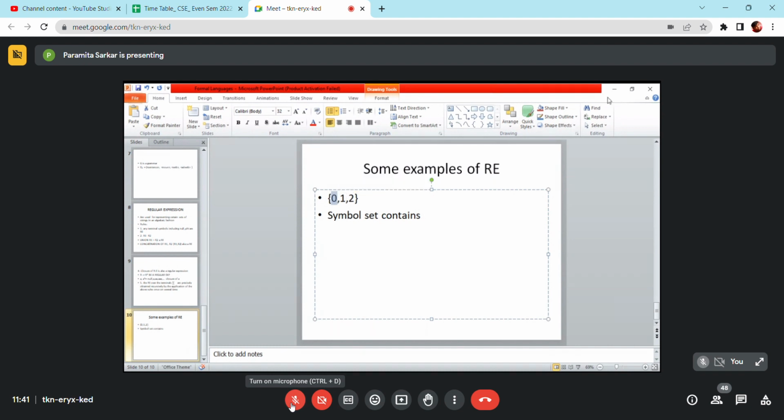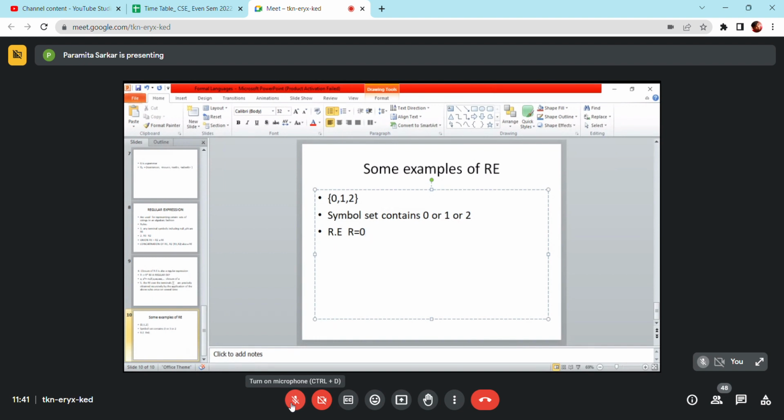So we may say 0 or 1 or 2. So what will be the regular expression for this set? This set may take either 0 or 1 or 2. So let the regular expression be expressed by r. Then r will be 0 or 1 or 2.